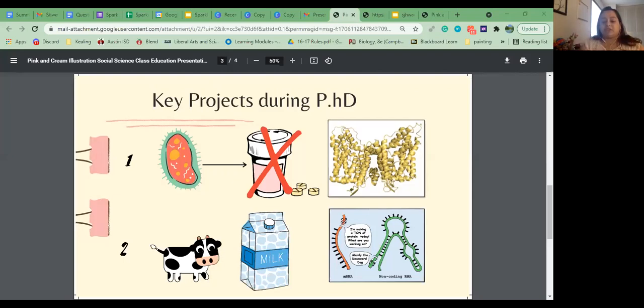For the second project, we got different cow milk samples from a commercial dairy plant, collected at different stages of processing. In a commercial dairy plant, cow milk is processed through different stages, such as heat treatment, homogenization, and skimming. We collected those samples, and I was trying to find out whether we can find non-coding RNAs in these milk samples. On the right-hand side, I'm showing the non-coding RNA.